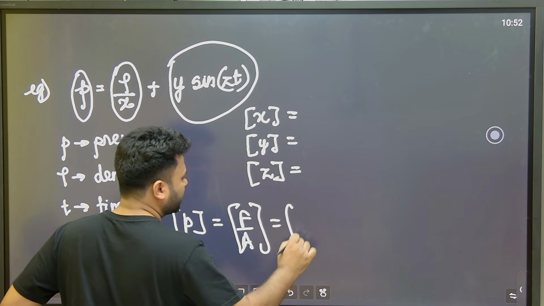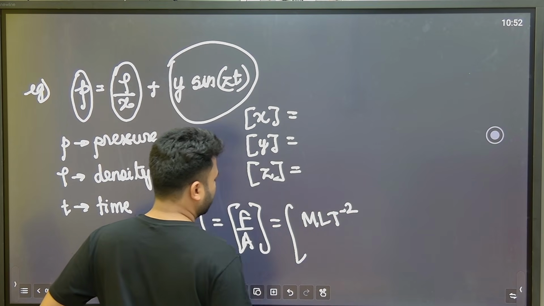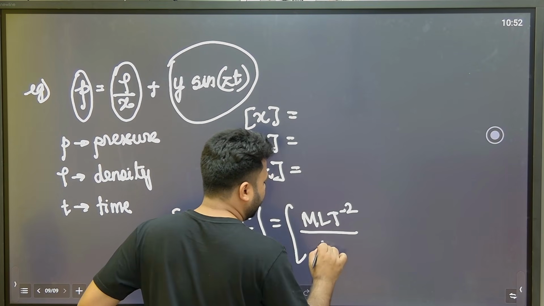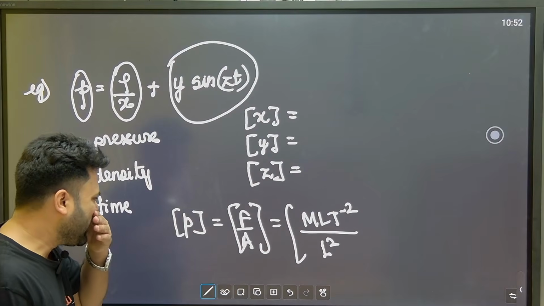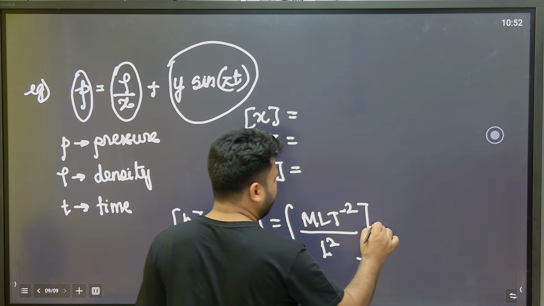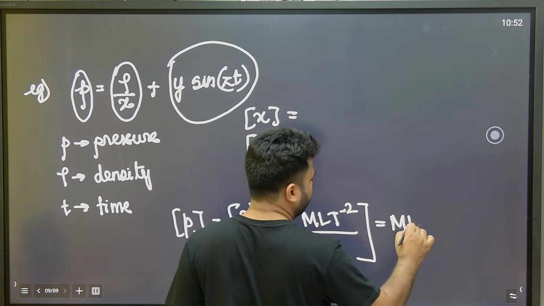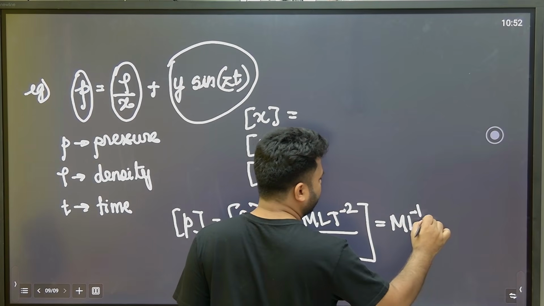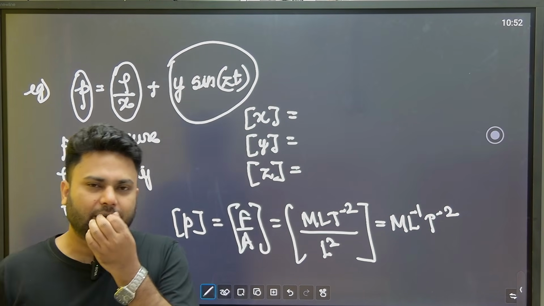The dimension of force I told you is MLT to the minus 2, divided by area. Area will be length square. So finally, the dimension of pressure is M L to the power minus 1 T to the power minus 2. Correct?